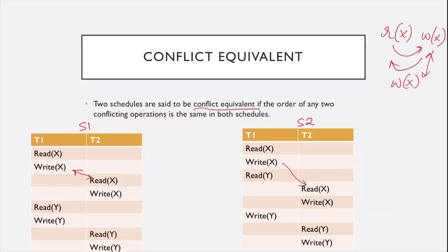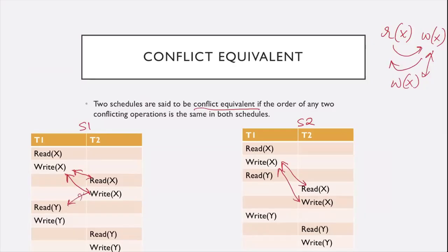So the order of the conflicting operations is the same. Then here I have write X and write X: first T1 does write X, then T2 does write X, and the same in the other schedule.